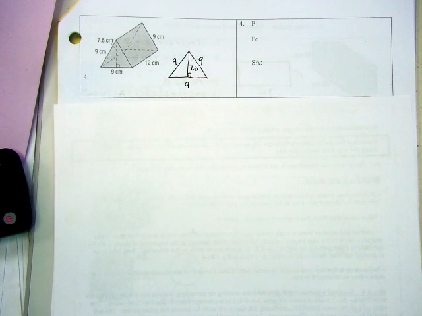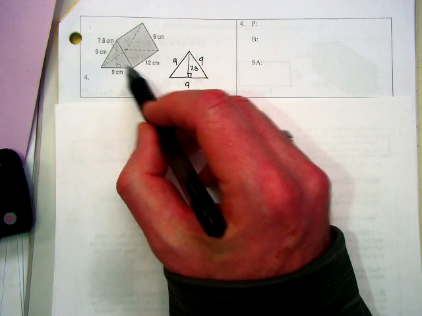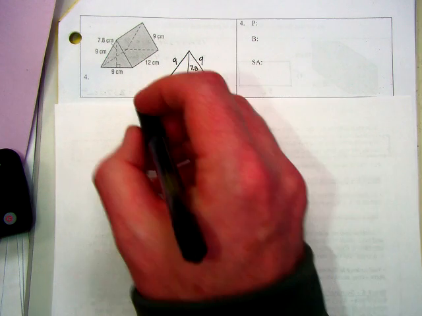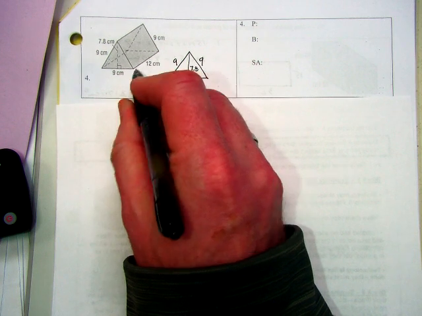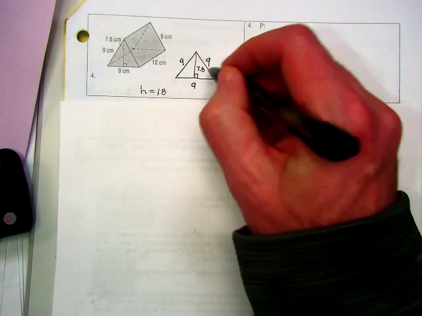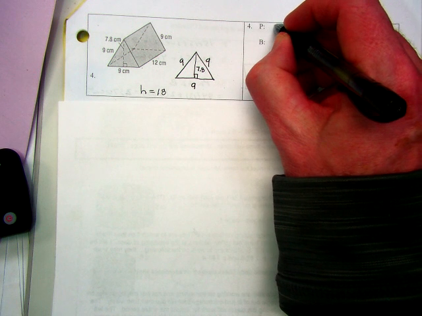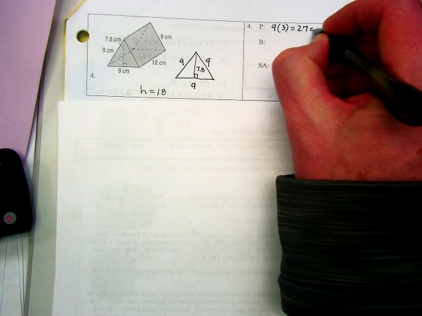Okay? So let's go, and then how far are the 2 triangles apart from each other? It's 12. So what does that mean that is? That's our height. So how far the 2 parallel bases are apart from each other. All right, so let's go find our perimeter of our base. Well, that's 9 times 3 of them, is 27 centimeters. Okay.